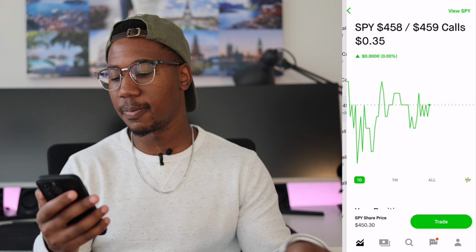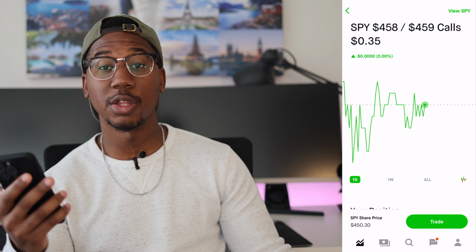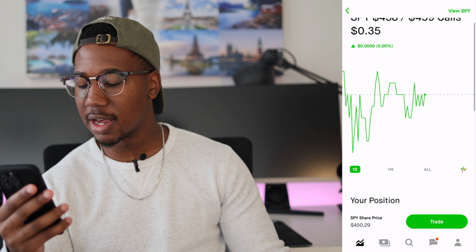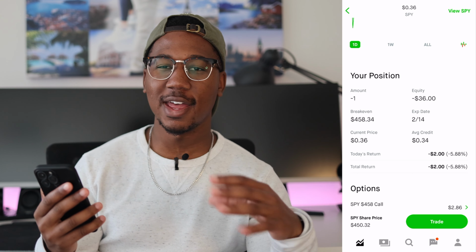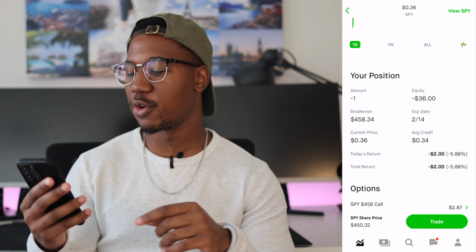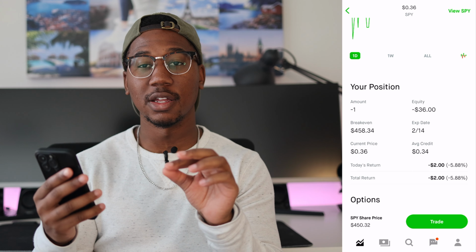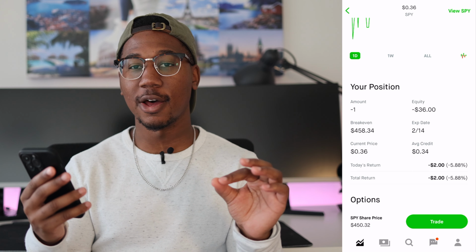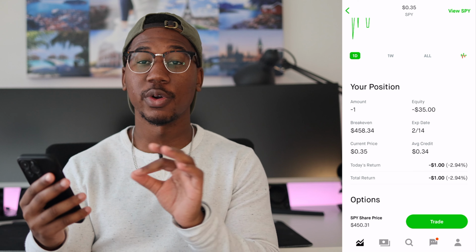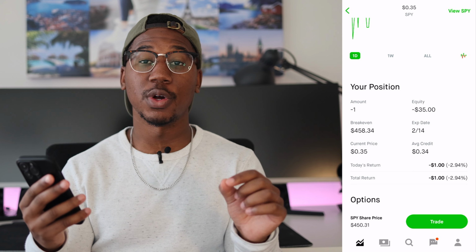So we're going to click on it, and again, this is going to be the price action. This is how it's been moving over the day. When you sell anything on pretty much any platform, right here you'll see that it says your position negative that amount. So right now I sold one credit spread, so I am negative one credit spread.